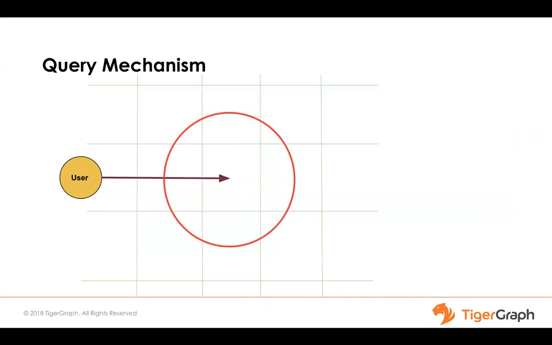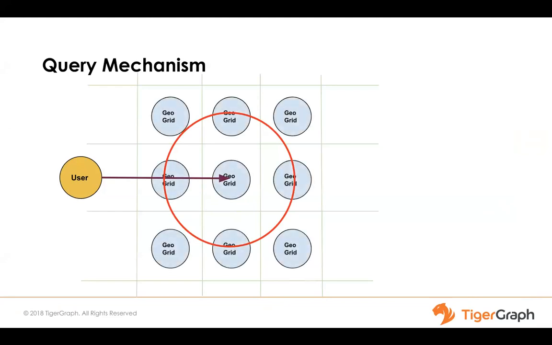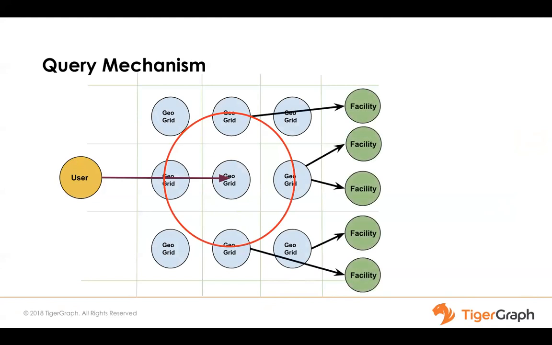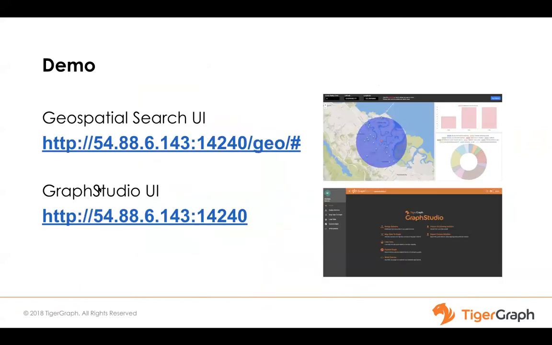Then I can figure out what GeoGrid vertexes are covered by this searching area, and get all those GeoGrid vertexes. Then starting from the GeoGrid vertexes, I can find all the nearby objects. So basically, this is the mechanism of the query: how we get started, how we search for the GeoGrid, and how we find the nearby objects. Okay, so let me start the demo then.